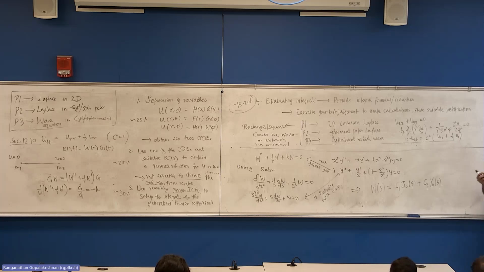You want the solution to be analytic at either r equal to 0 or r equal to infinity. So for a circle or the semi-infinite region, that is the exterior, choose C2 equal to 0 for ensuring u of r comma t is analytic at either r equal to 0 or infinity.